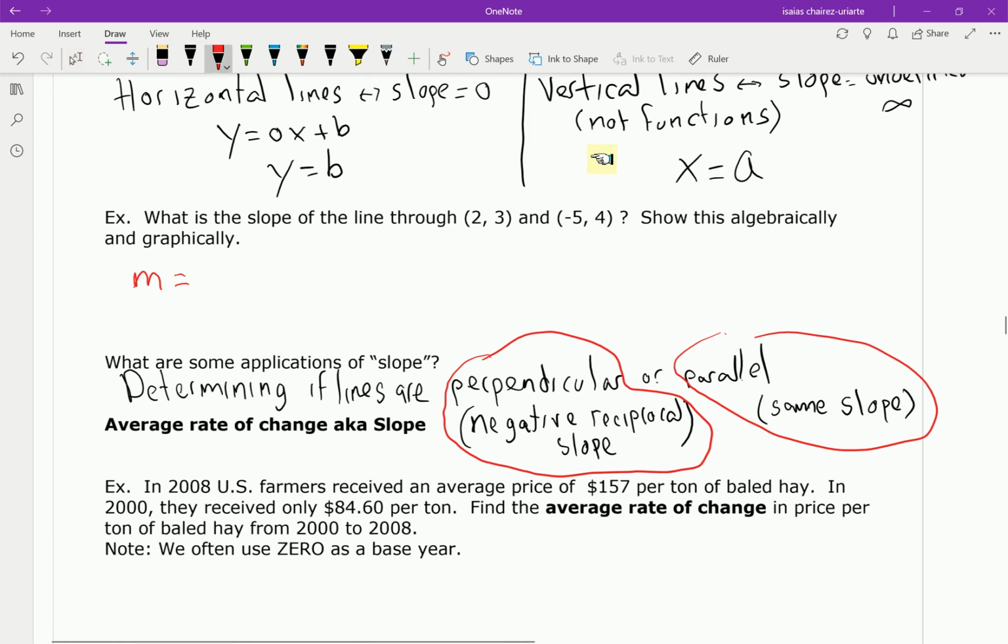So right now I'm going to say 4 minus 3 over -5 minus 2. Well, that's 1, and this is -7. So -1/7. What does this mean?